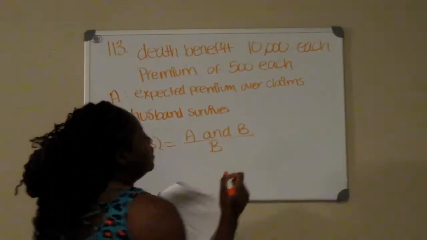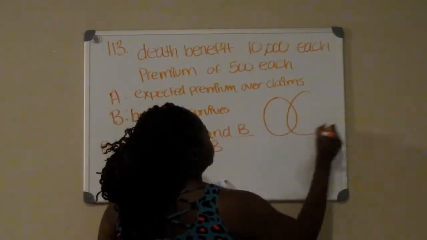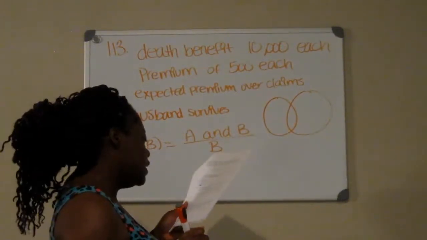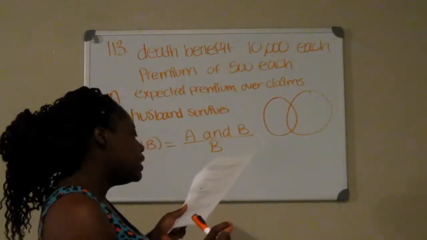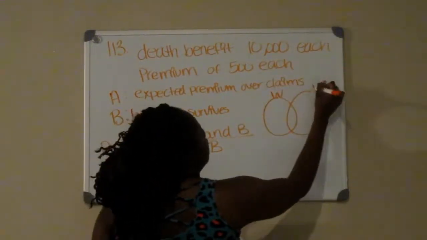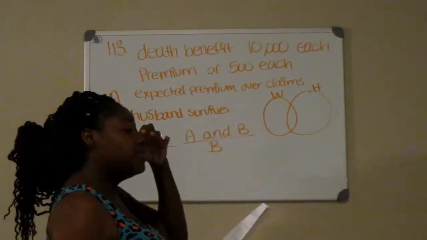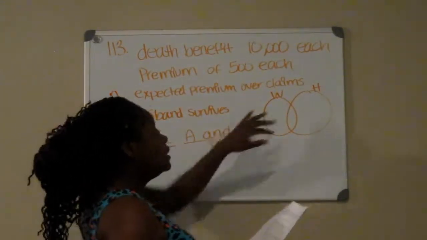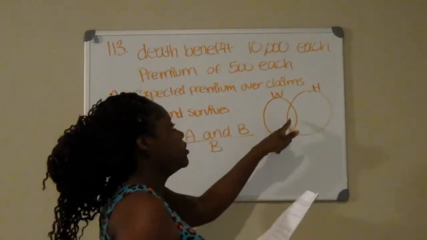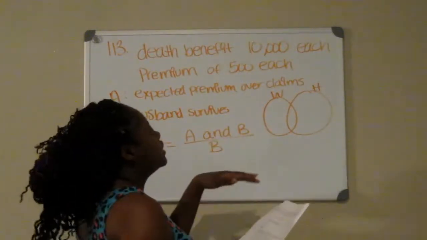I'm going to draw this. They give you some keywords in here. Probability that only the wife will survive. So this side is my wife's side, and this is my husband's side. The probability that only the wife survives is just this portion here, nothing in the middle, because the middle is the probability of both. In the middle the husband survives too, but he's dead in this scenario.